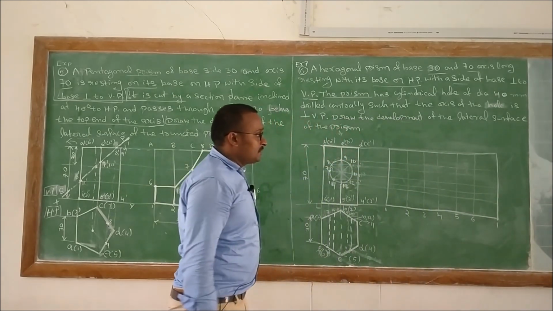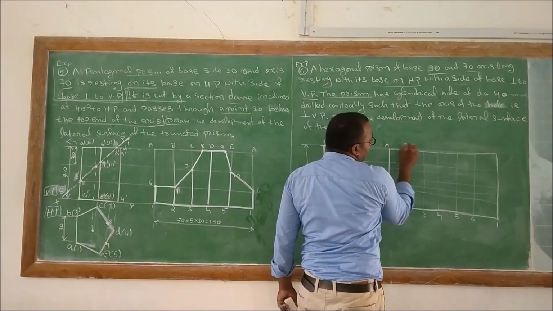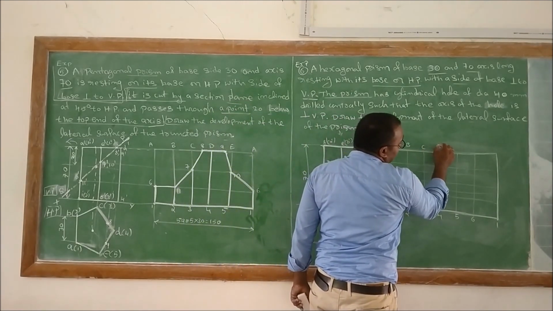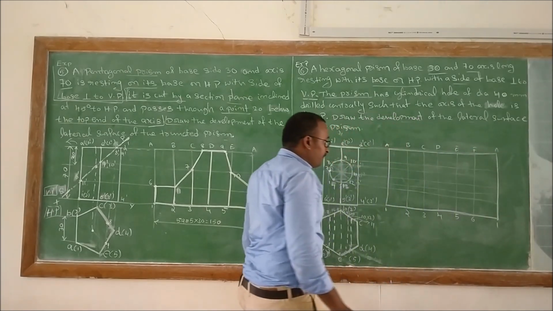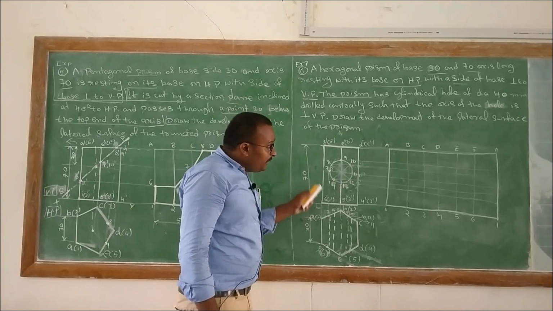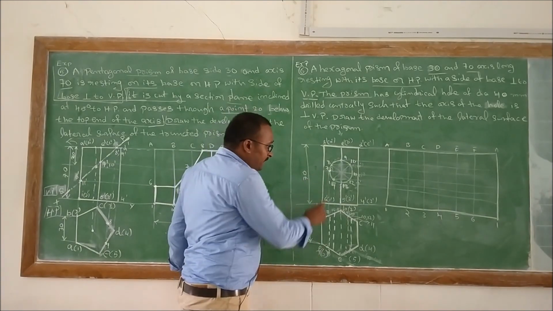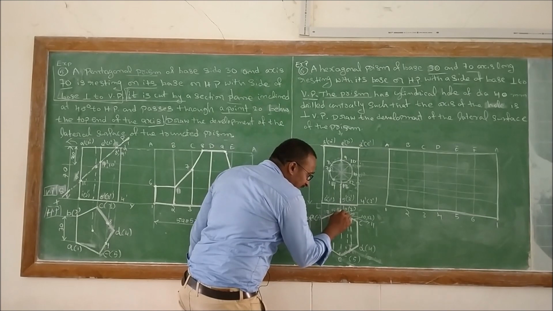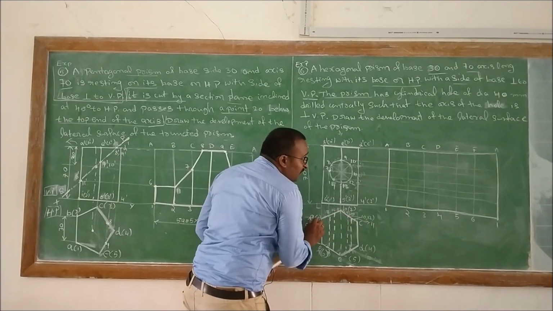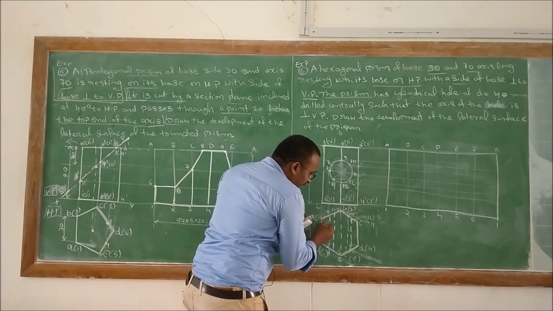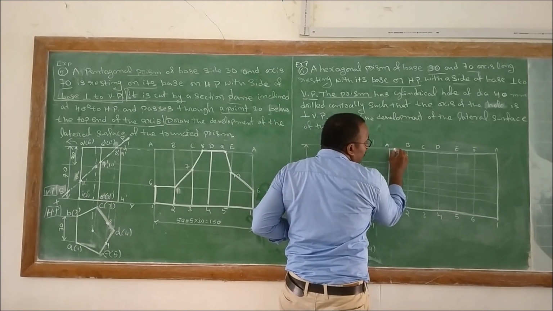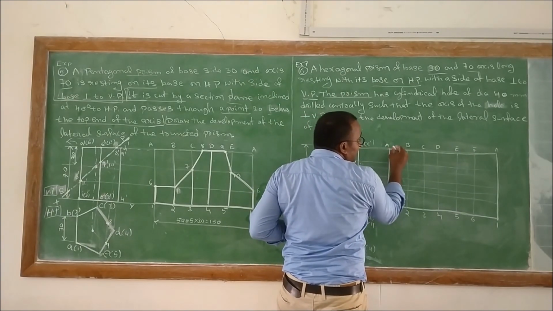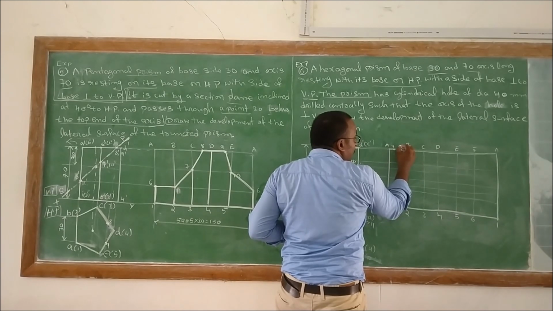Here this is A, B, C, D, E, F, and again A. Next we need to mark the intersecting points. Here 7 lies in between the AB line. On AB there are 7, 14 and 8 points, so we need to mark all of them.